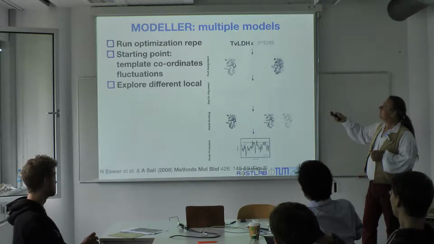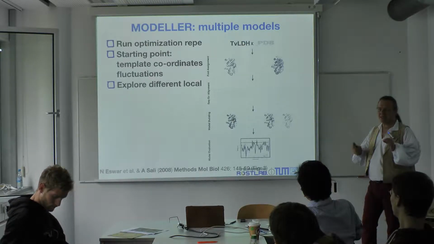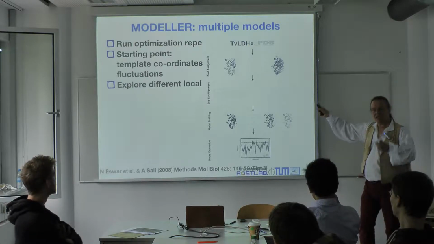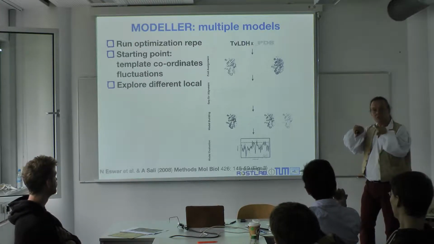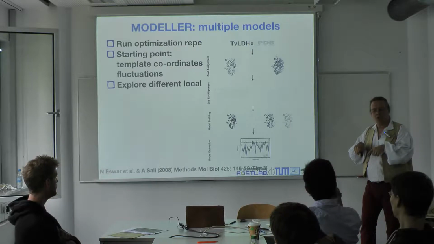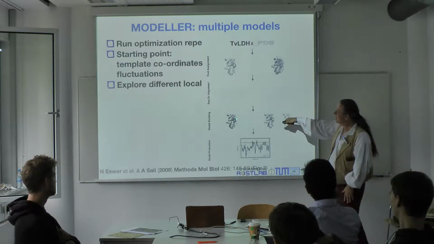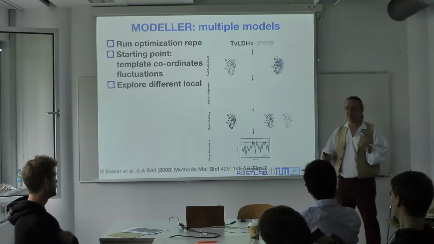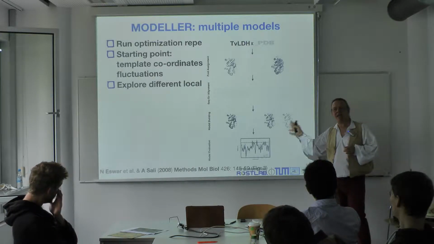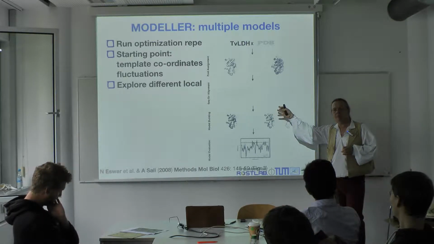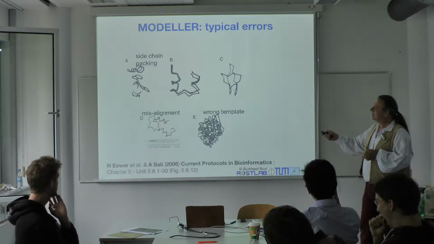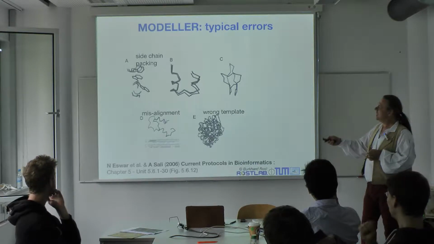Modeler does multiple models. Multiple models I said, look at a different template if the one didn't work at all. But another aspect of doing multiple models is you cut and paste them together. So you say maybe here this one is best, here this one is best. So you take different elements and see whether that helps you in the constraint minimization. Typical problems here are side chain packing.